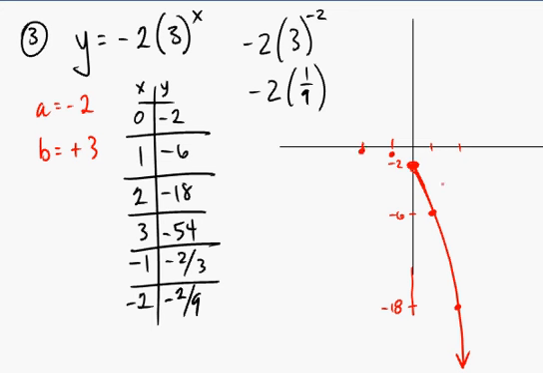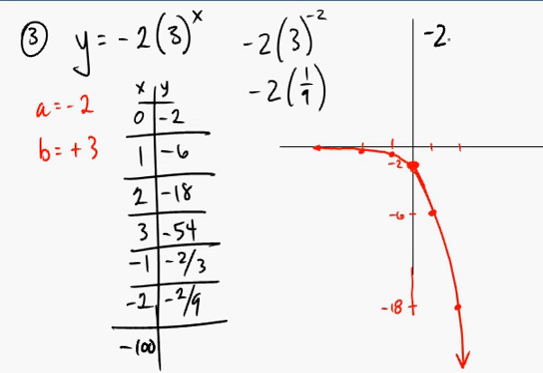Now the question is, as this gets closer to 0, is it ever going to touch 0? Or is it ever going to cross the axis and be up here? Are we ever going to have a positive y value? Are these numbers over here ever going to become positive? No. Even if you went way over here to negative 100, you're still going to get a negative number out.